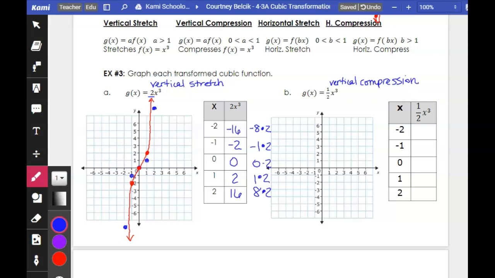Now, instead of your original y values of -8, -1, 0, 1, 8, we're going to take these y values and we're going to multiply them by 1/2. So we're going to cut them in half. My new y values are -4 and -1/2. Half of 0 is just 0. +1/2 and 4. We're taking all of them and we're cutting them in half.